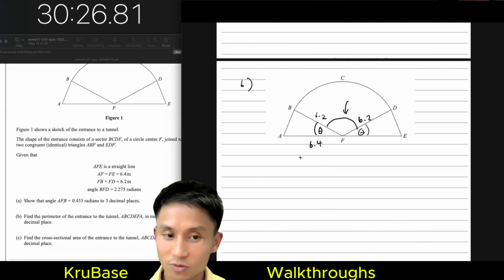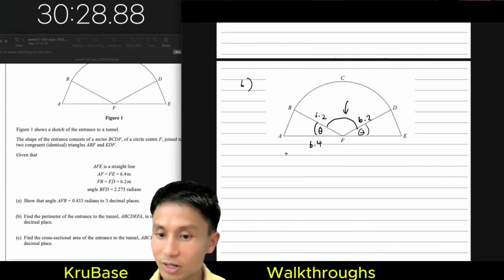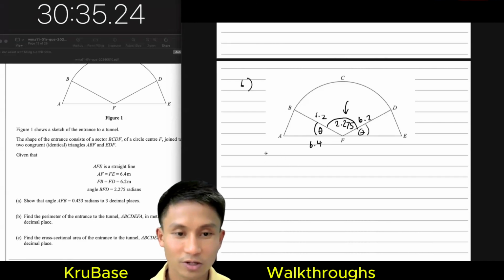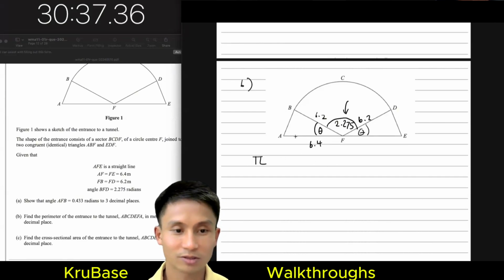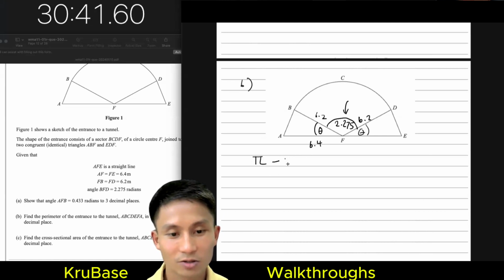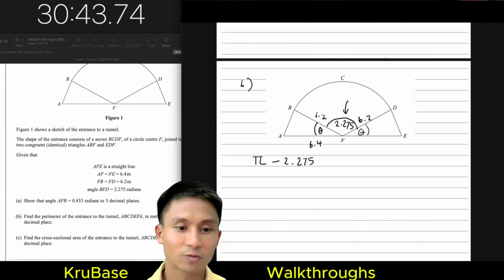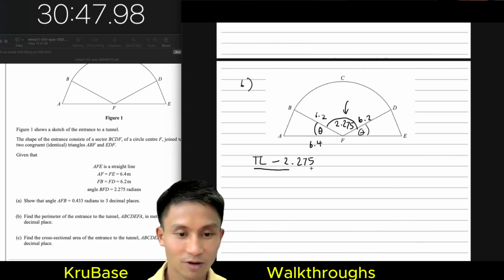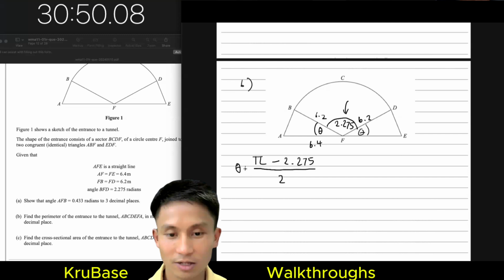Okay. So we already know that this is 2.275 radians. So we can do pi, which is the angle on a straight line there, pi minus 2.275, which will give you 2 theta. Then we divide that by 2, and we get just 1 theta.